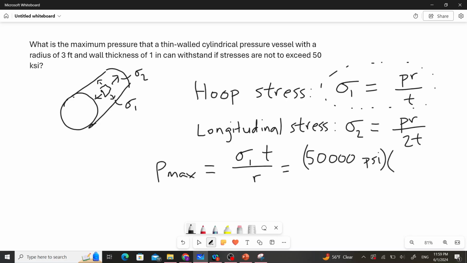The wall thickness is 1 inch. And the radius is 3 feet. 3 feet is 36 inches. I just converted the units on the fly here to make the math easy.